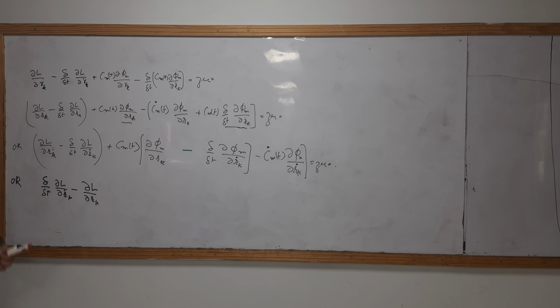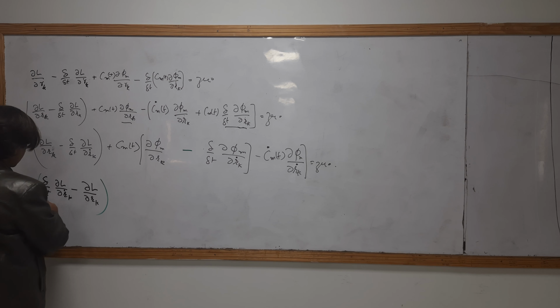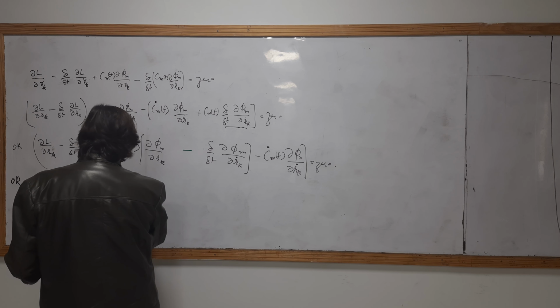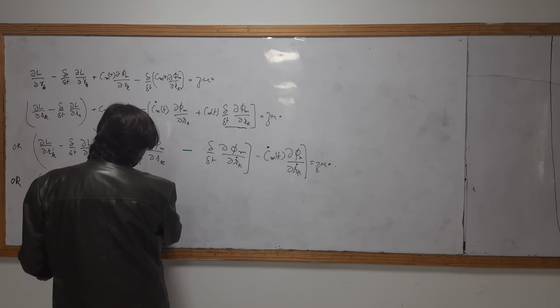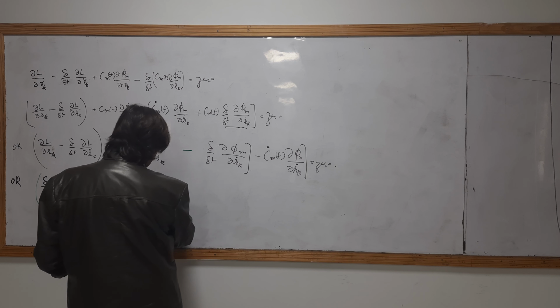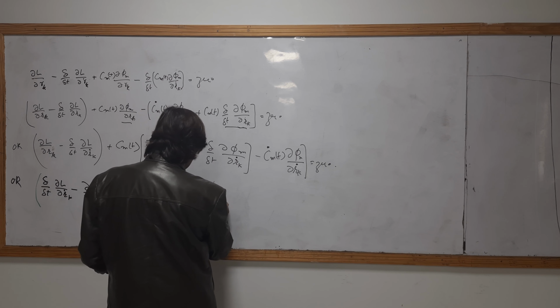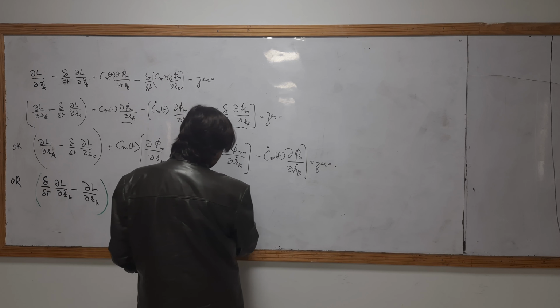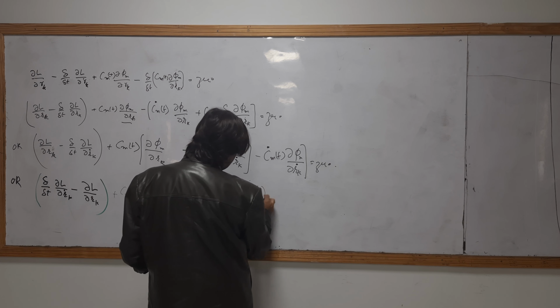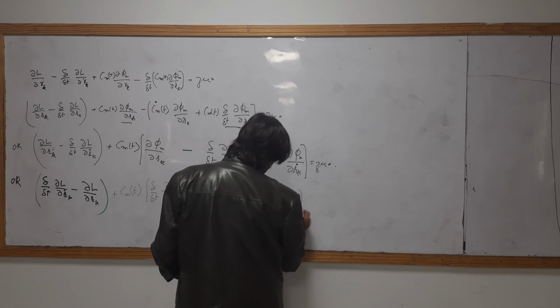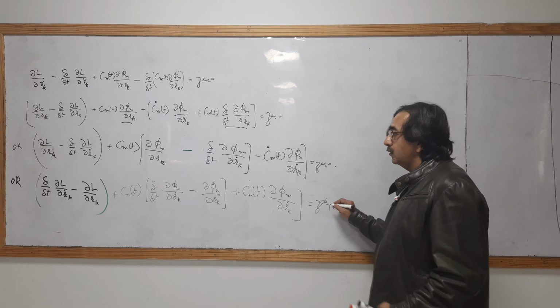If I multiply with the minus, then plus will be changed into minus and minus will be changed into plus. Plus, that equal to 0. I think clear.